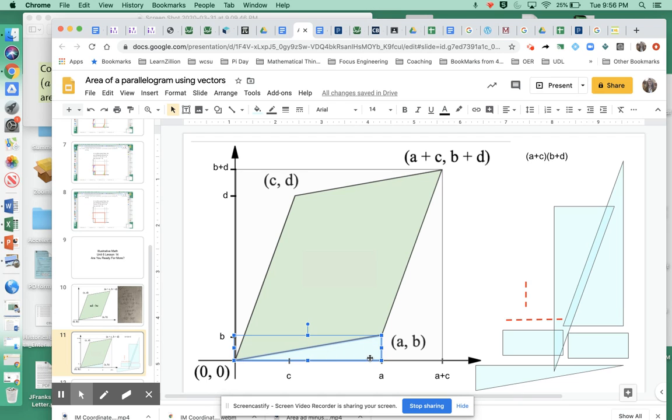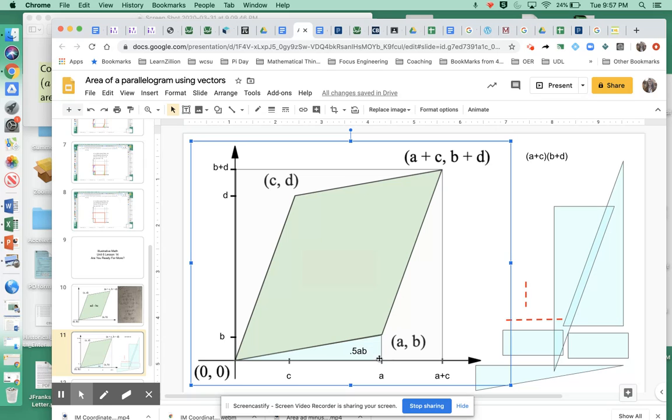Now, I know that this triangle is going to have an area of 1/2 A times B. So I'm going to write that in here. Let's just make it 0.5 AB. Okay.